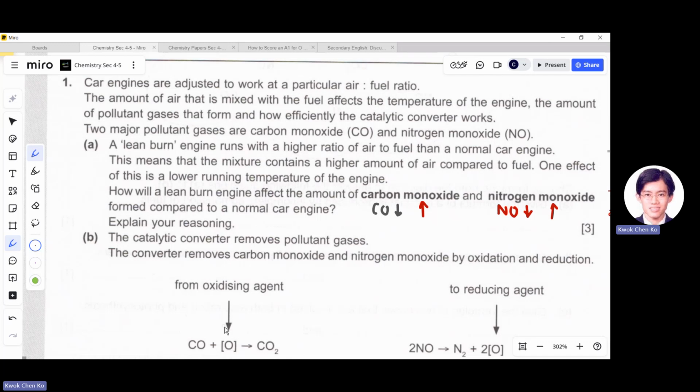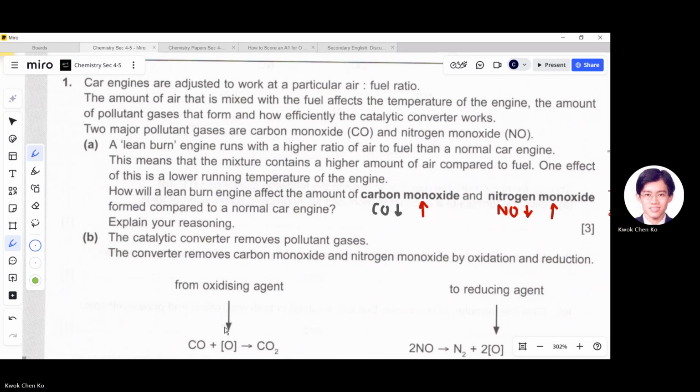There's a higher air to fuel ratio, meaning there is more air and more oxygen, for lesser incomplete combustion taking place for more CO. A lean burn engine produces more NO as it has a lower running temperature. Thus, it is not enough to completely combust the NO2 as it cannot reach a high enough temperature.